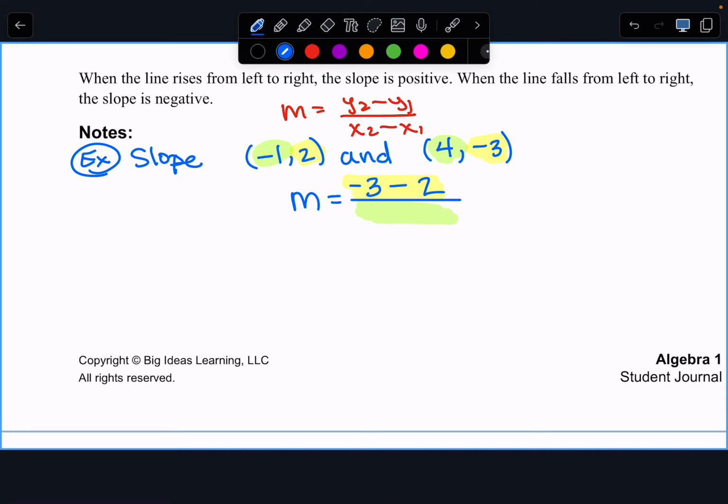So I would have 4 minus -1. It's minus -1. And what does minus -1 mean? Plus. Okay, so this is turning into plus. So my denominator is 5. What's my numerator? So our slope is -1.